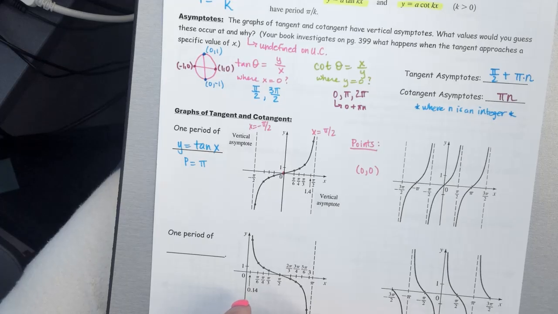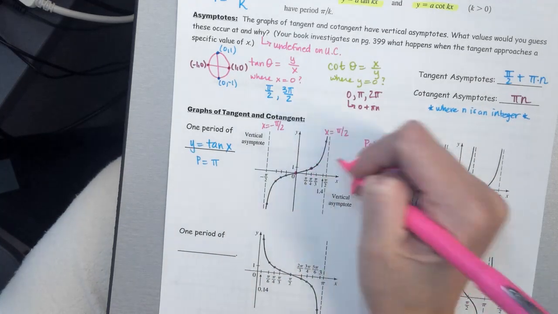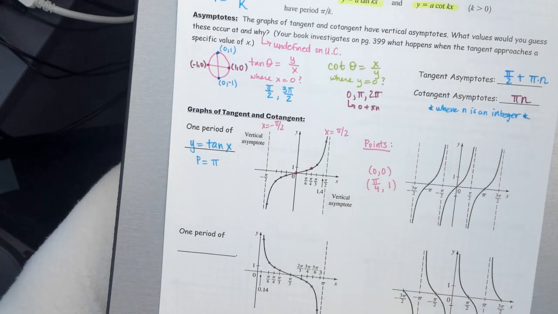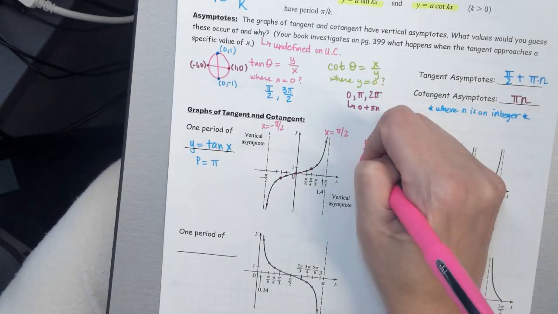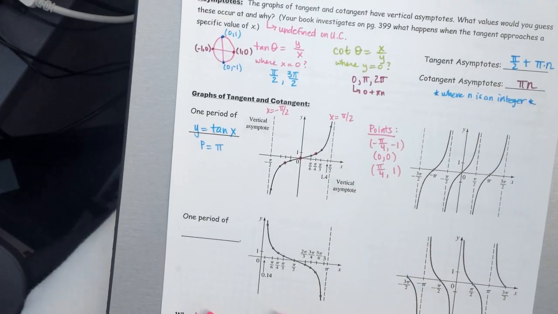At pi over 3, what's the tangent value? Root 3. So which one of those would you want to graph? The 1. So at pi over 4, you're going to be at 1. And then the third one that we're going to graph is at negative pi over 4, where we're going to be at negative 1.